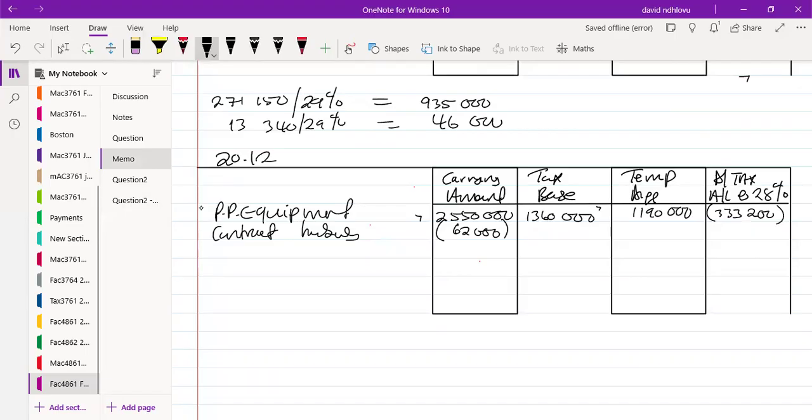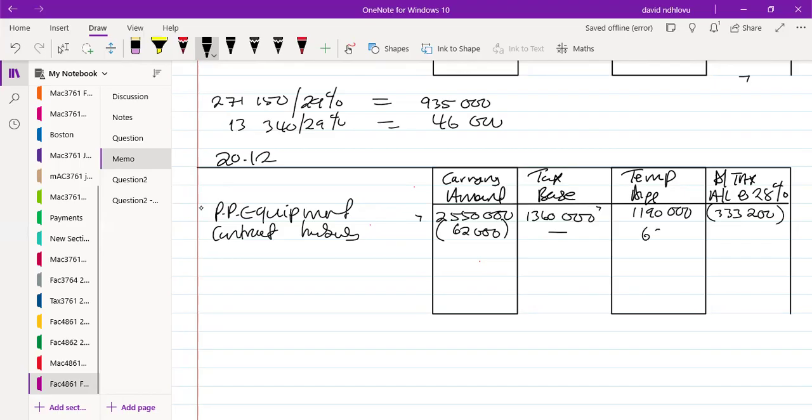Right, what is the value of the tax base, good people? SARS does not recognize this amount, a prepayment, if it is below 100,000. SARS would have already accounted for this prepayment in their books in the current year. So it was deductible, there is no balance.